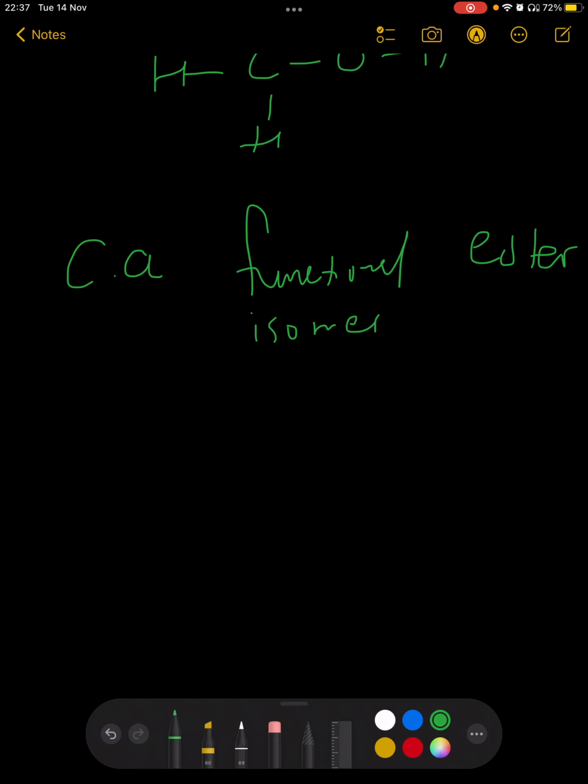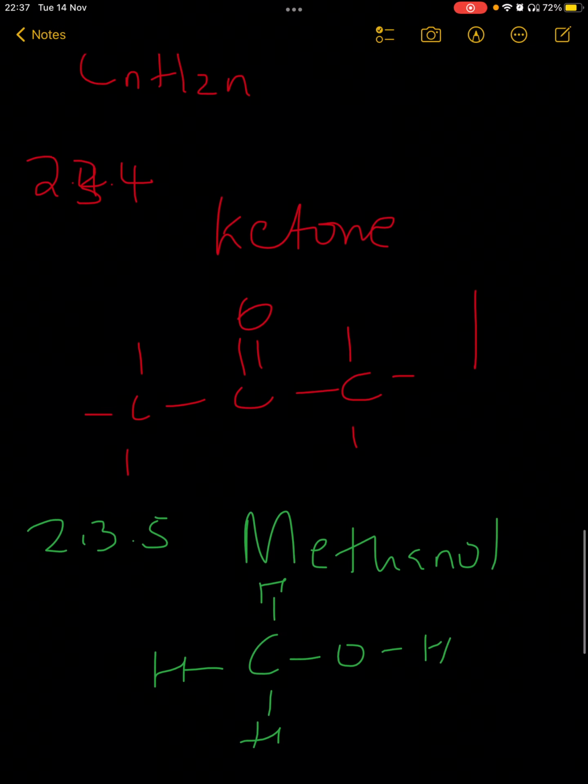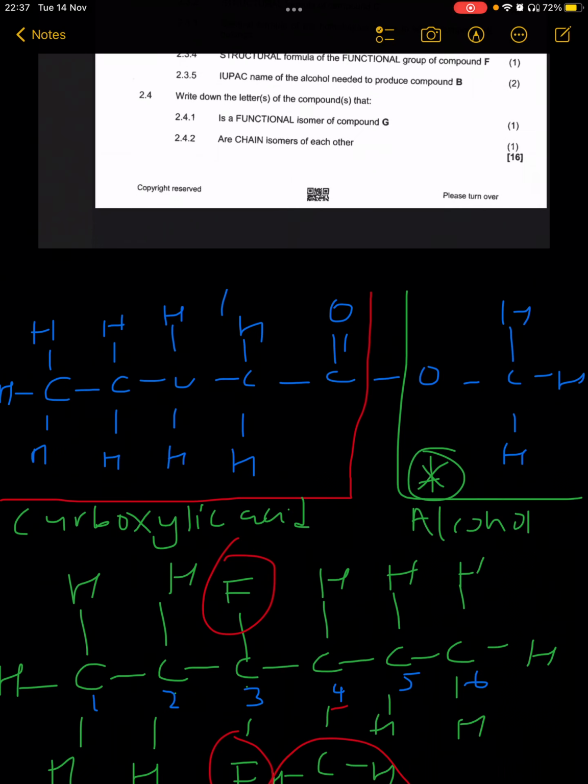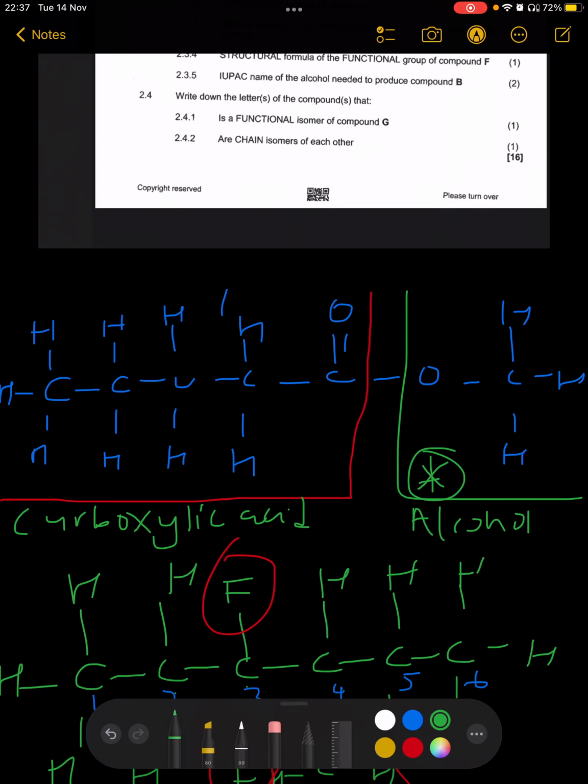So to confirm that these two are isomers, we need to count the number of carbons and get the molecular formula. Right, now we have carbon 1, 2, 3, 4, 5, 6. So it's a C6, H 1, 2, 3, 4, 5, 6, 7, 8, 9, 10, 11, 12.